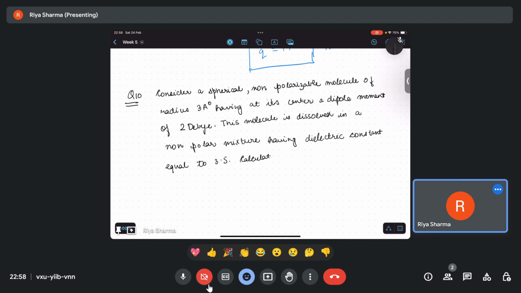Calculate the energy that is required to remove this molecule from the solution.